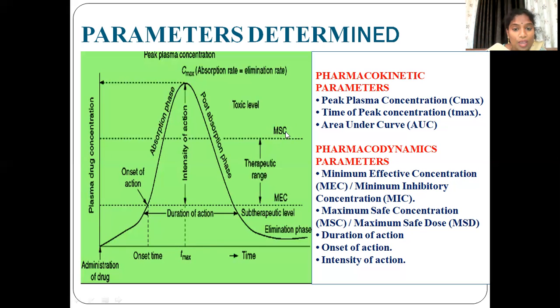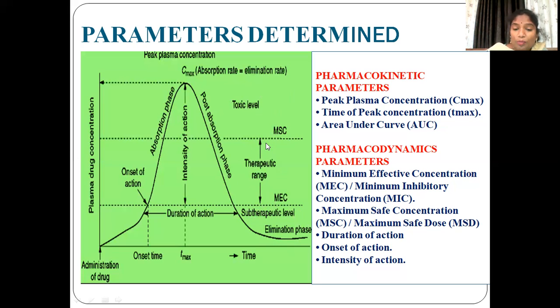See, above the MEC level we call it the toxic level, meaning it will show the toxic effects, that means it will show the side effects. And below the minimum effective concentration, it will not show any action. That is the sub therapeutic level.